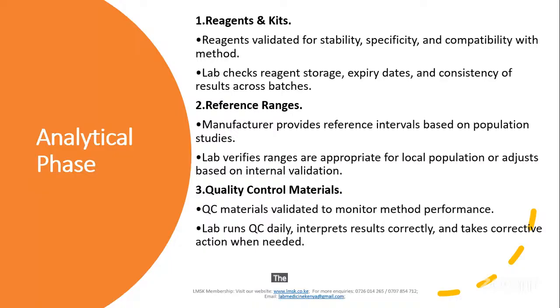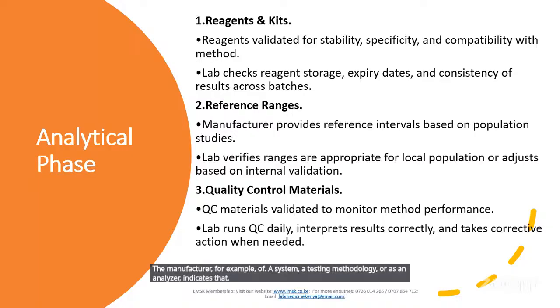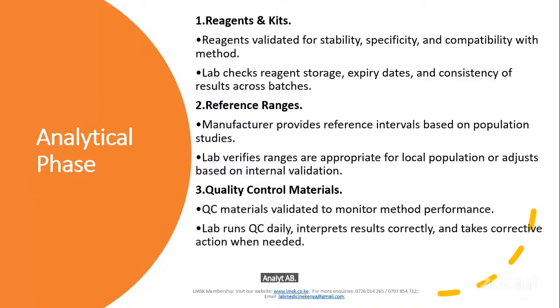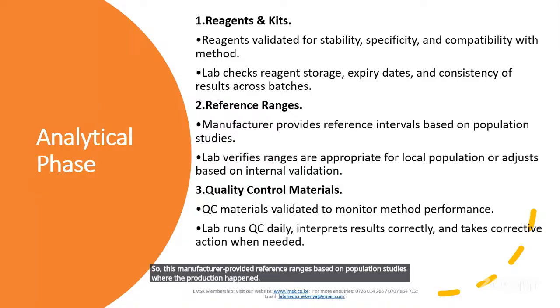The manufacturer, for example, of a testing methodology or an analyzer indicates that analyte AB for a normal population should be between 3 and 10, okay? Those reference ranges were established on the population where the production happened. So these manufacturer-provided reference ranges based on population studies are fit for purpose.